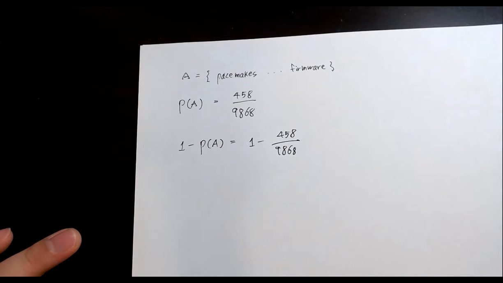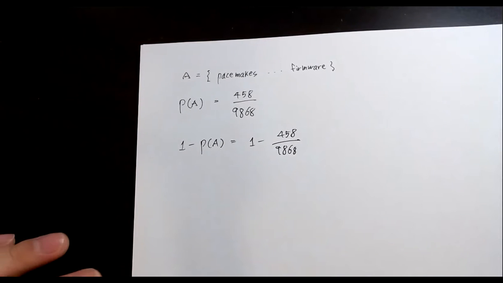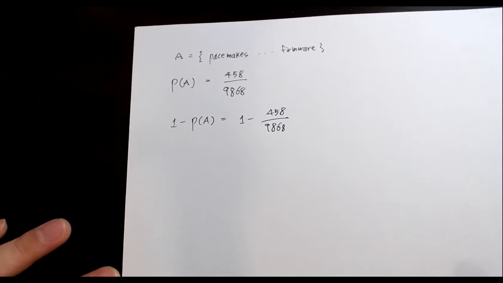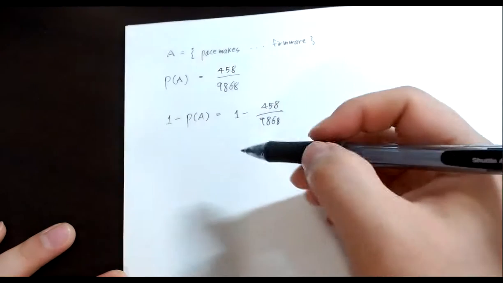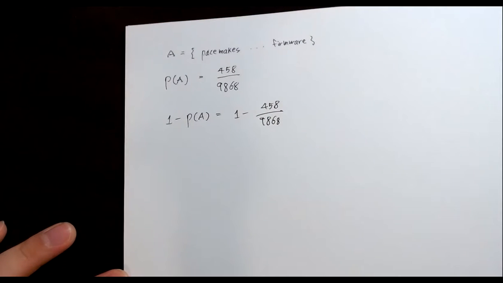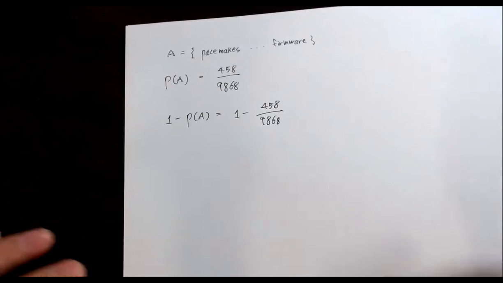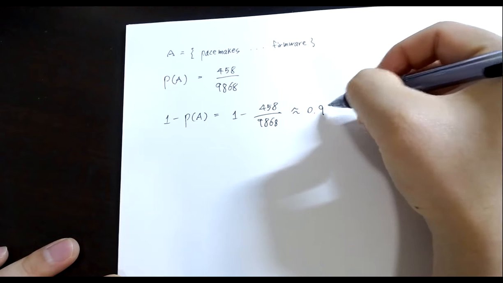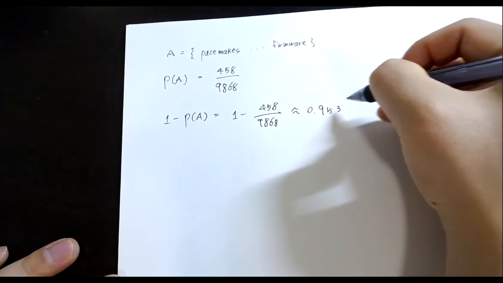Now, since replacement is not allowed, let's figure out the decimal expression of that number first. That's approximately 0.9536.